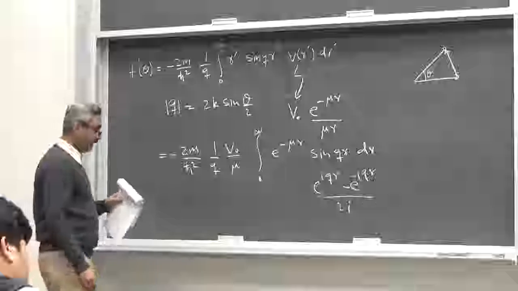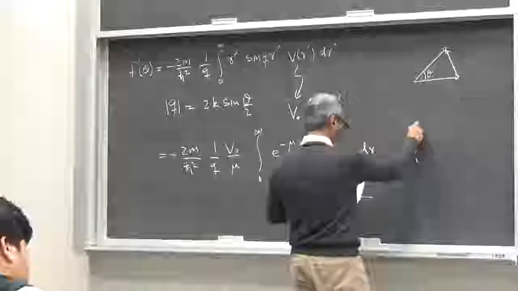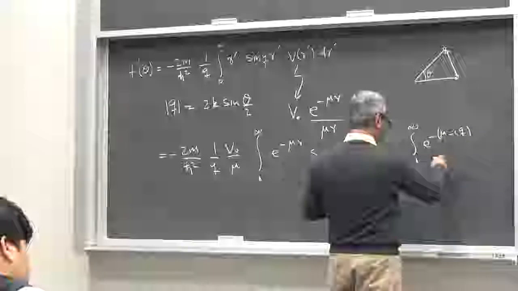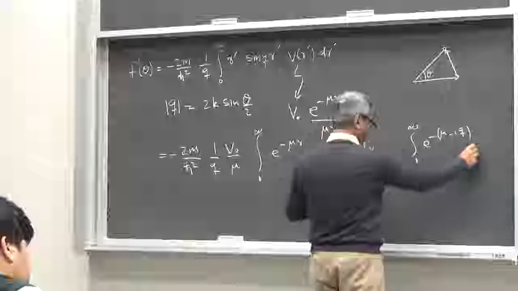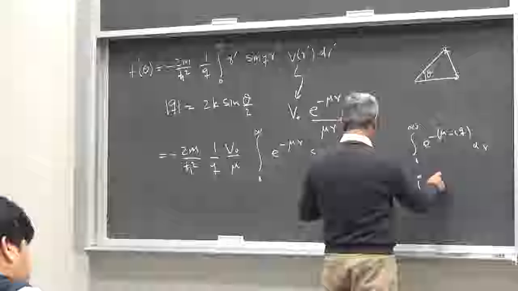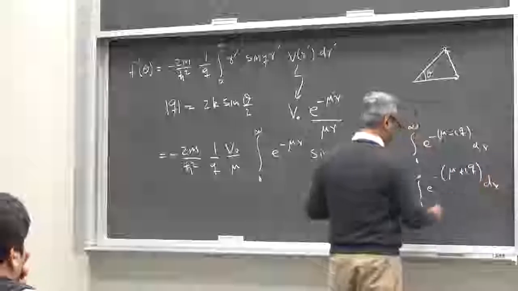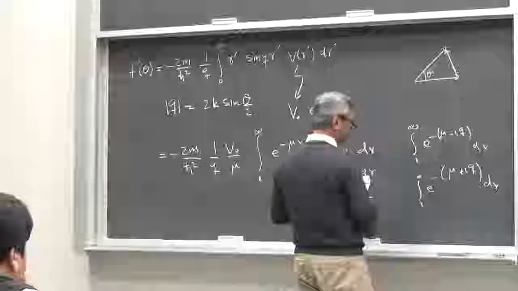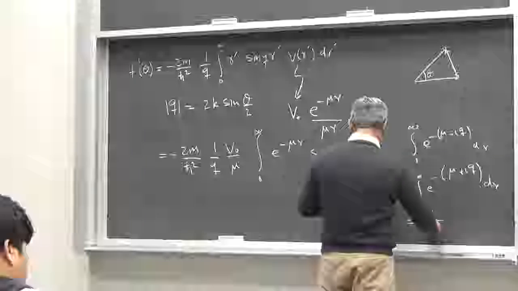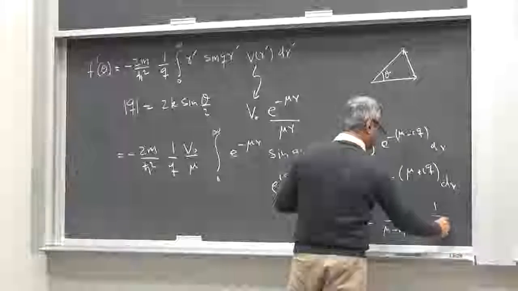You will get an integral like this: 0 to infinity e to the minus mu minus iq r dr, and another integral 0 to infinity e to the minus mu plus iq r dr, and you know what the answer is. So this is going to look like 1 over mu minus iq minus 1 over mu plus iq.